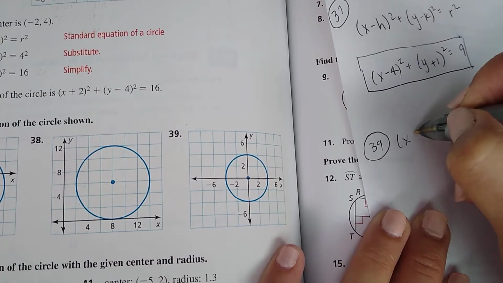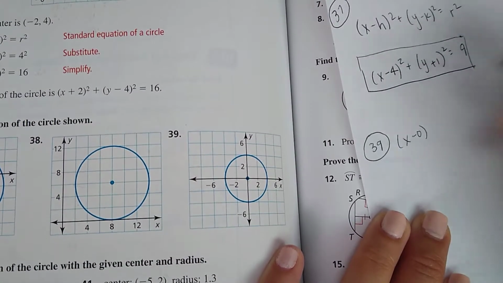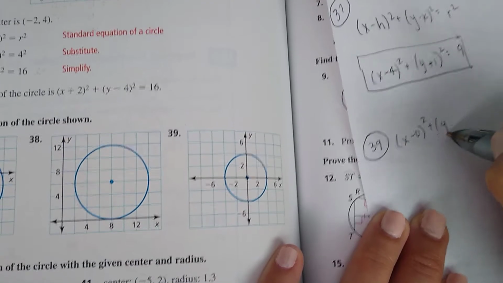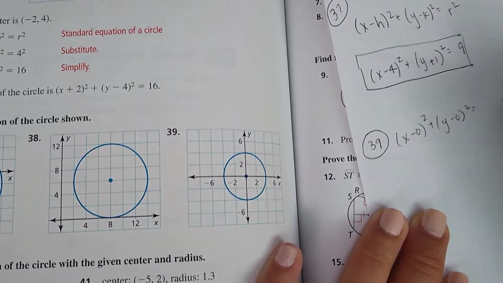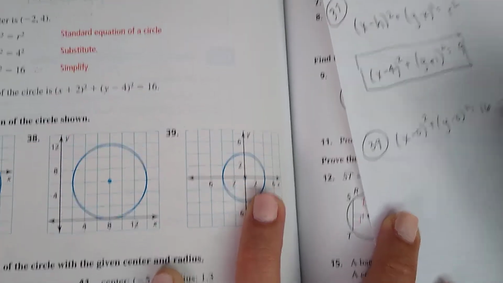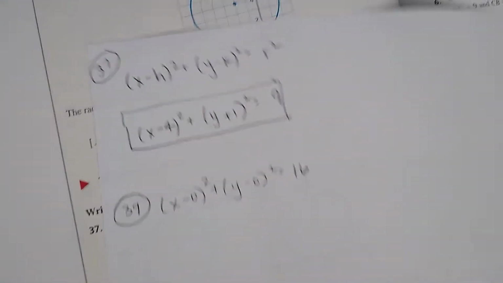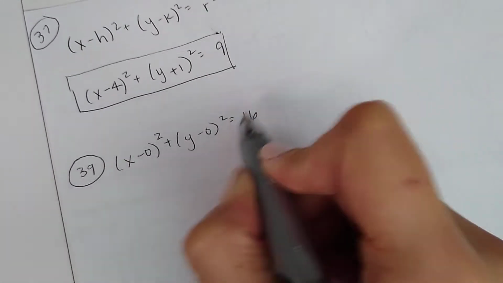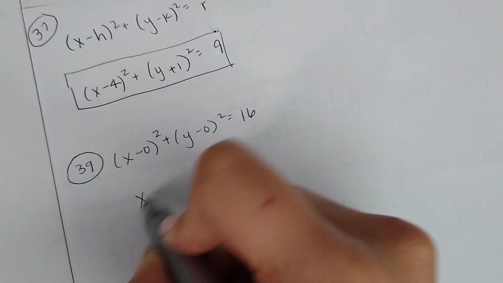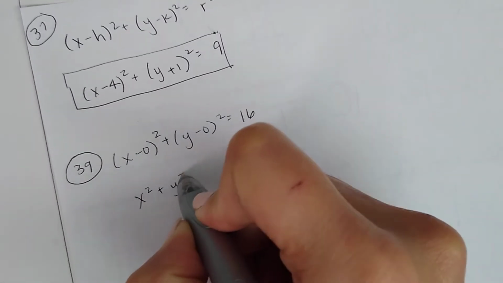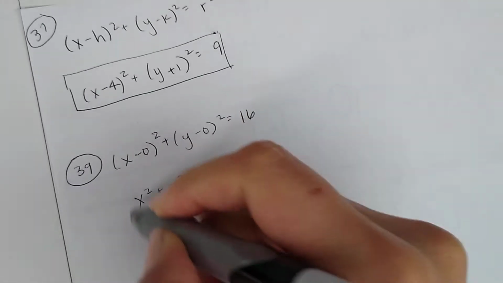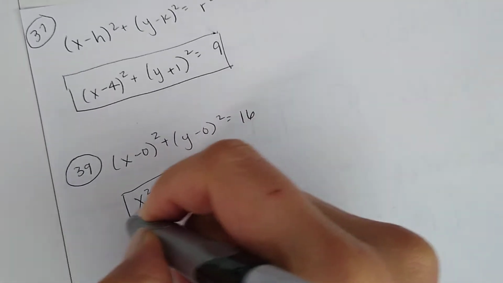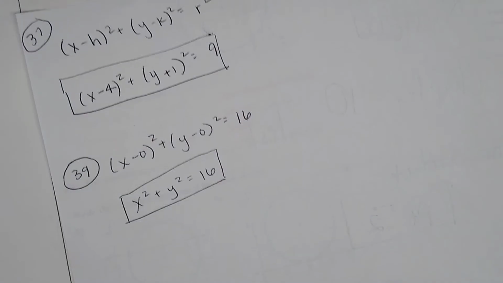So again, x minus 0 squared plus y minus 0 squared equals 4 squared, which is 16. Now I'm just going to go ahead and take away the zeros. So I have x squared plus y squared equals 16. And that is my answer.